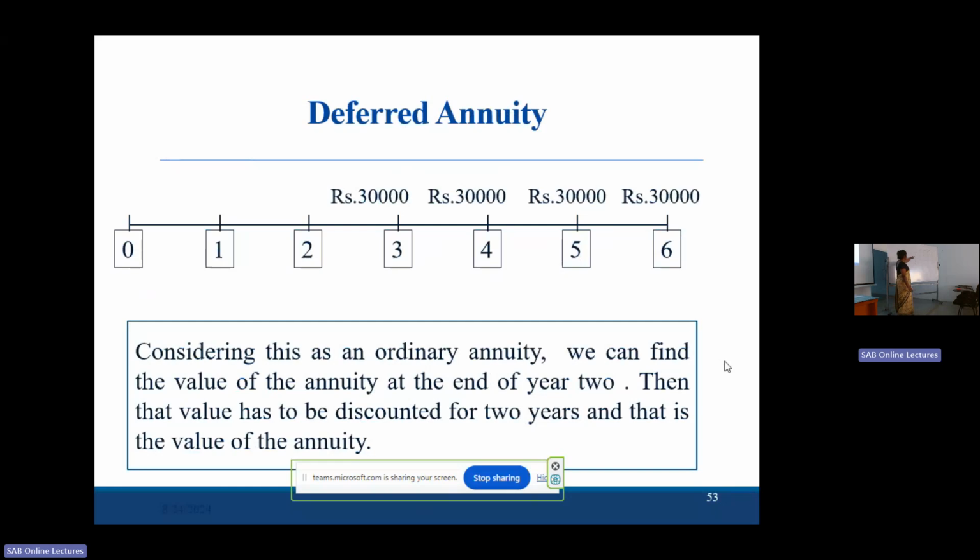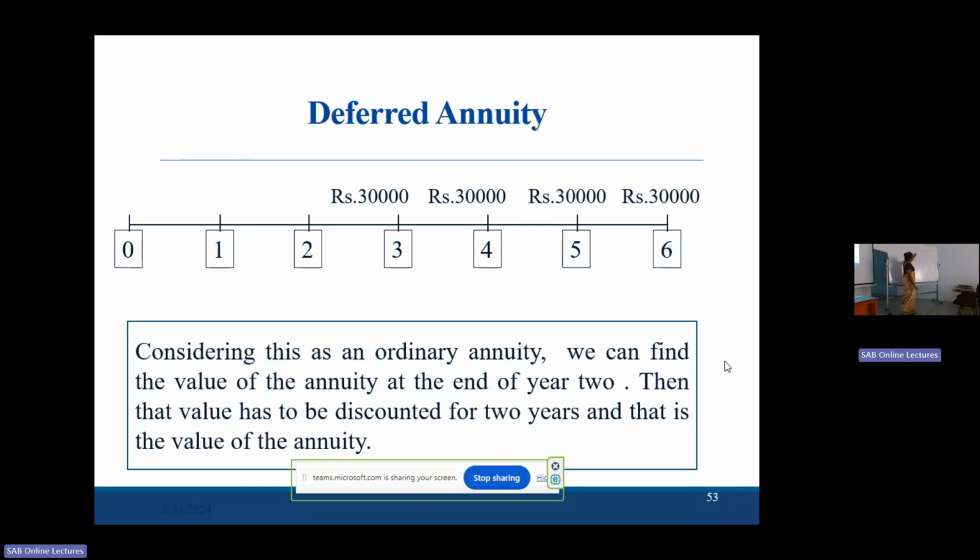In the original deferred annuity timeline, we are at the end of year 2. So you will get some value here, and then you have to discount it to the present. That is another way, right?